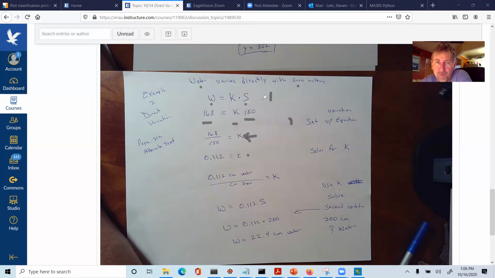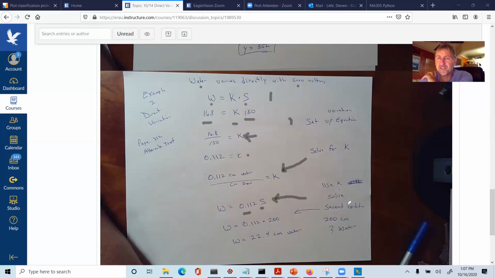So we went from 1 to 2, we solved for K, and then 3, we set up this next equation, plugging in K. W equals 0.112 times S. Again, this is like slope-intercept, mx plus b, but these always run through 0, 0.